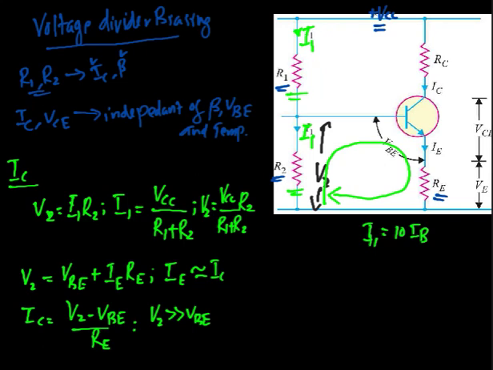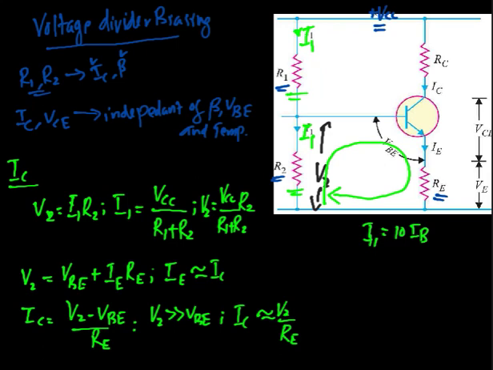Usually VCC will be 15 volt. 40% of VCC comes around 6 volts. So 4 to 6 volt will be the usual voltage across this R2. So we can say that V2 is greater than VBE. In that case IC is approximately equal to V2 divided by RE.